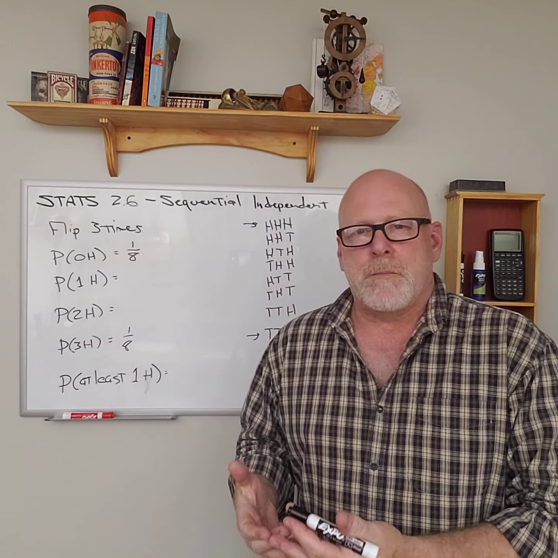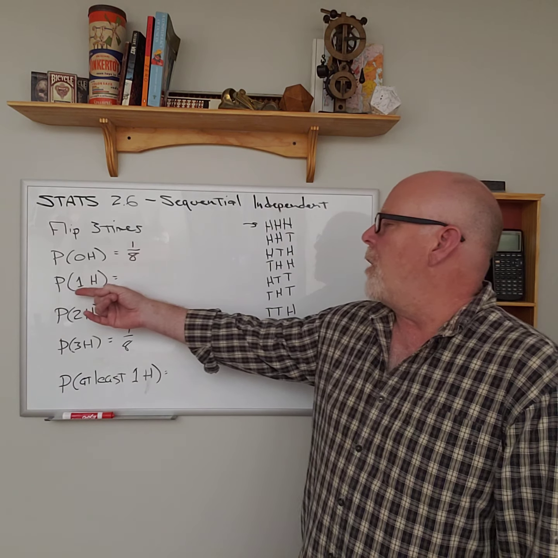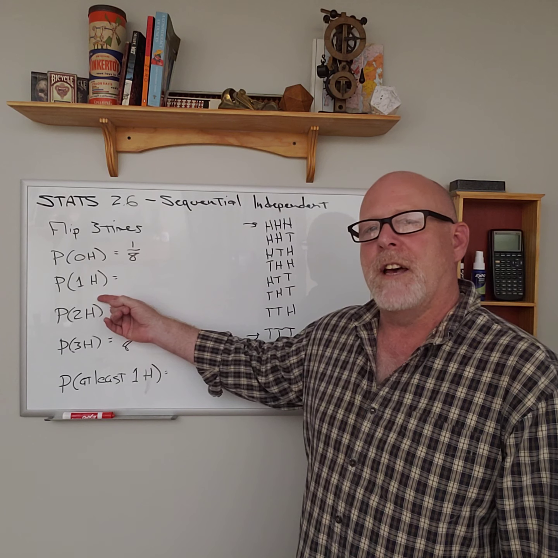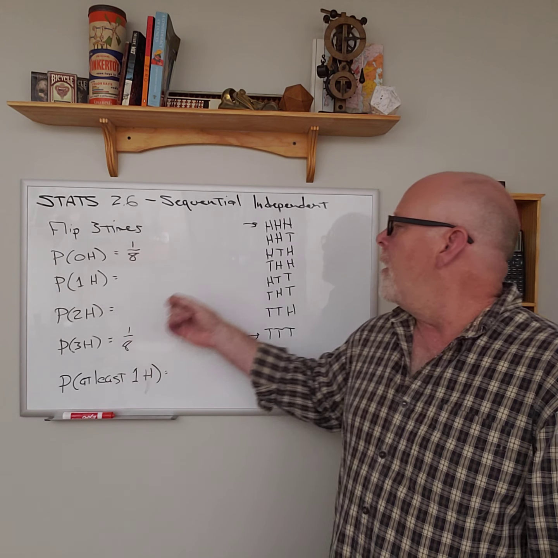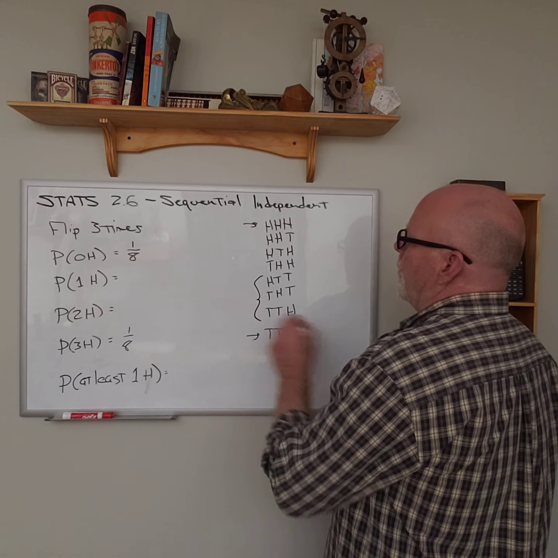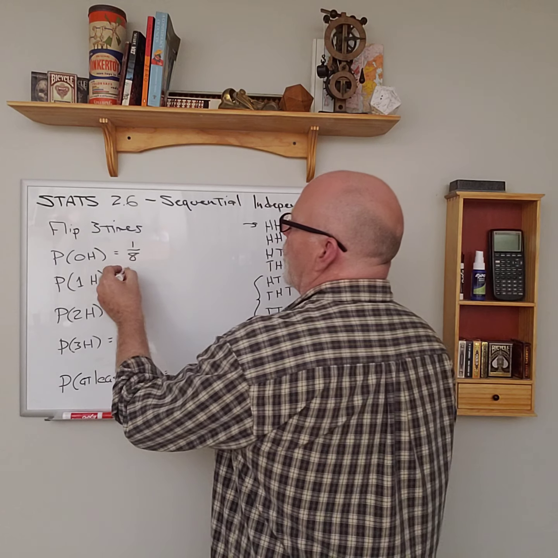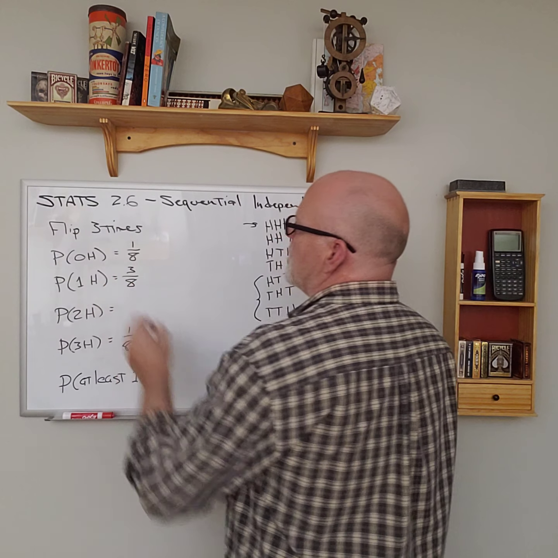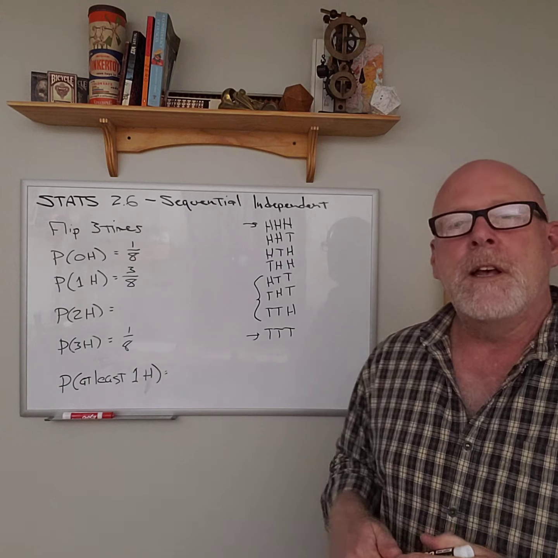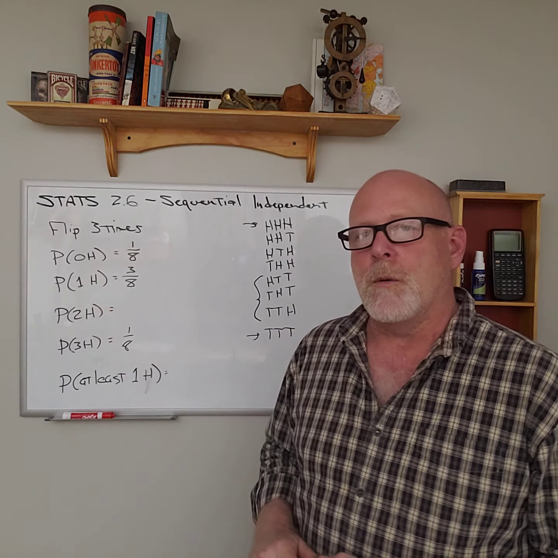Now this is where this is a little bit more useful than what we did last time. If we want the probability that there's 1 success out of the 3, there are 3 different ways that could happen. These 3 outcomes each have just 1 head. So 3 of our equally likely outcomes out of the 8 is the probability that if we flip a coin 3 times, we'll get heads exactly once.